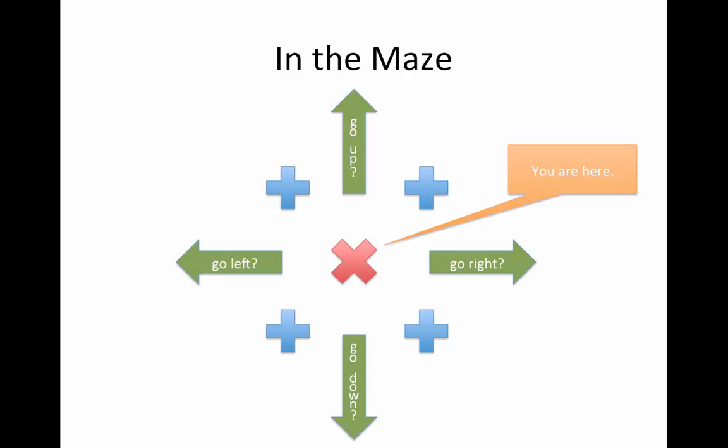The red X is where we stand, and then we want to investigate all of the cases, going up, down, right, or left, so that we ensure that we investigate all the paths that may lead out of the maze. Now, with this description of our approach to the solution, we can go ahead and implement the solution.